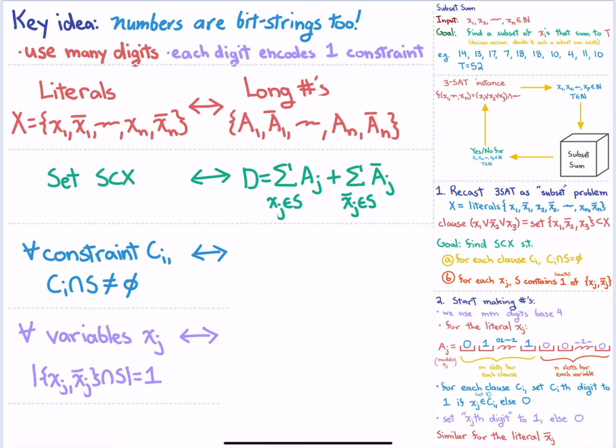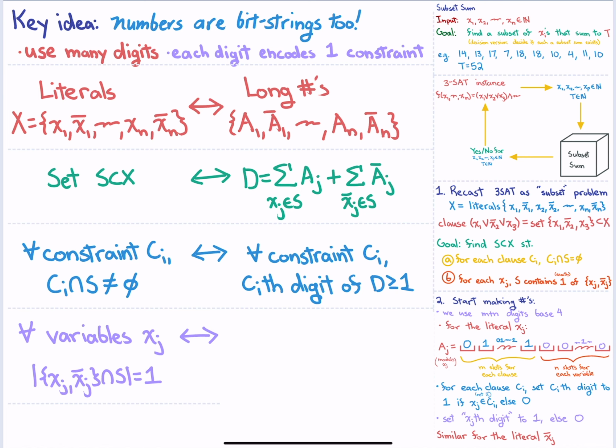Yeah, okay, perfect. So those bits corresponding to Ci, in particular, if I'm just doing one Ci at a time, that bit should be at least 1, right? Because that corresponds to taking at least one literal for that clause.